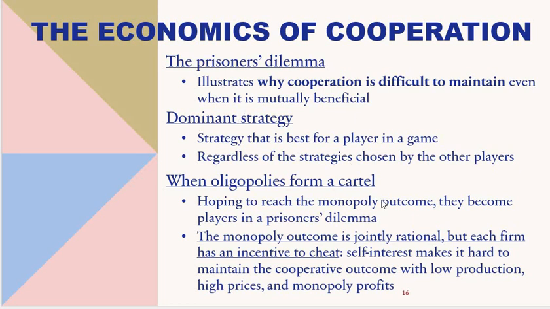That is, when a firm or a player in a game is facing a set of options, at least two or more, if there is one strategy, one option that is strictly better than the others, regardless of the strategies that other players might choose, then we call it a dominant strategy. Let's see how that helps us understand the game of prisoner's dilemma.